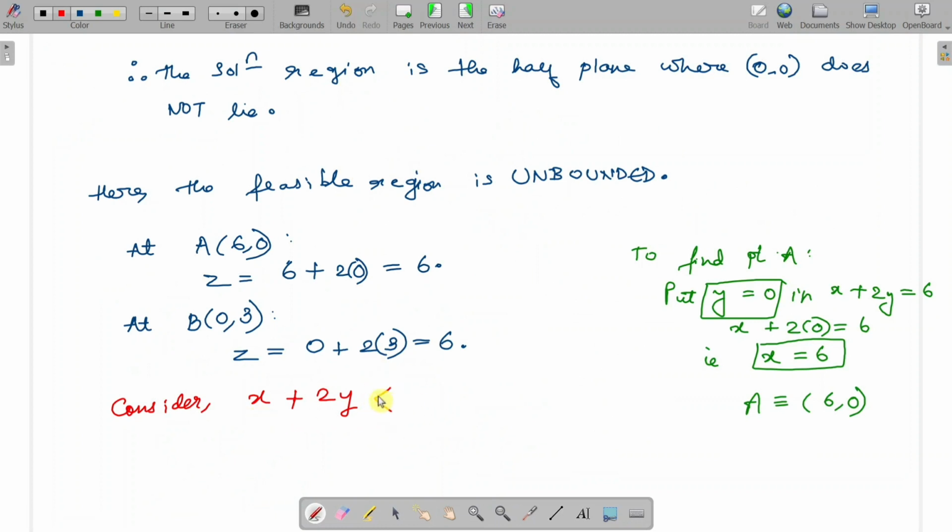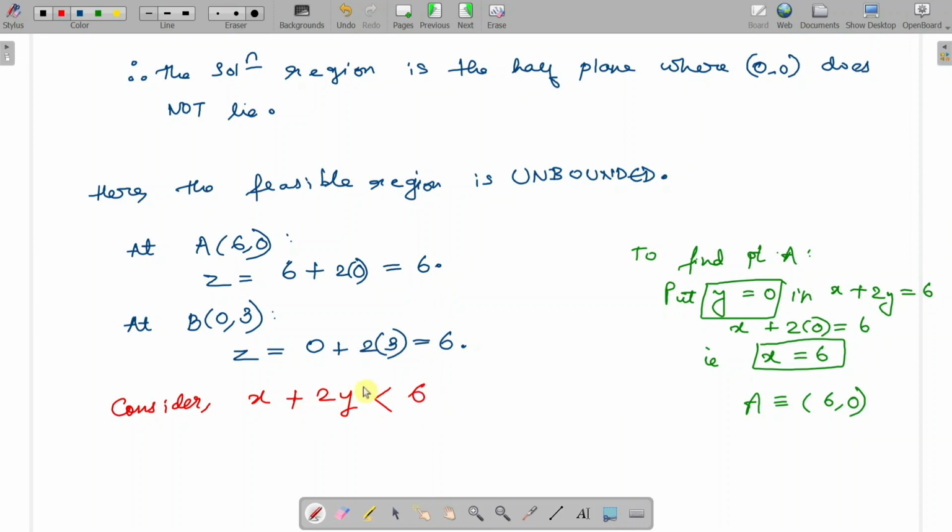If you had to find a maximum, we would have taken greater than. Now here you have to take the less than and then the minimum value of the objective function, but since both the values are the same, that means 6 is the minimum.